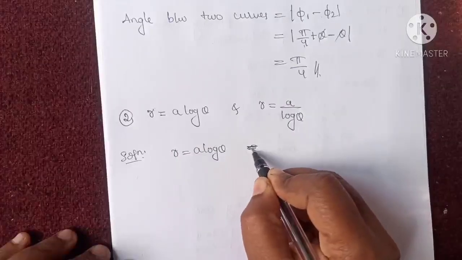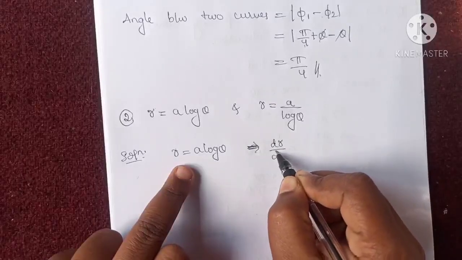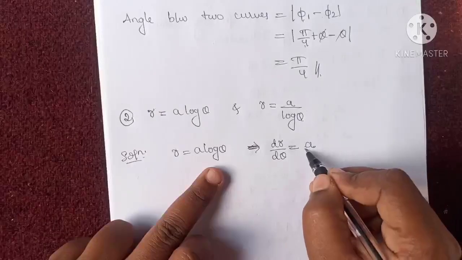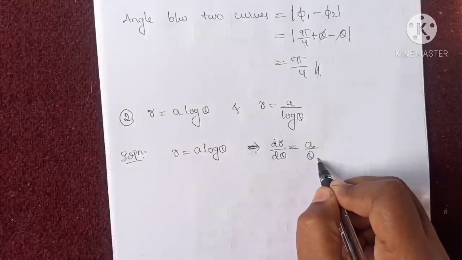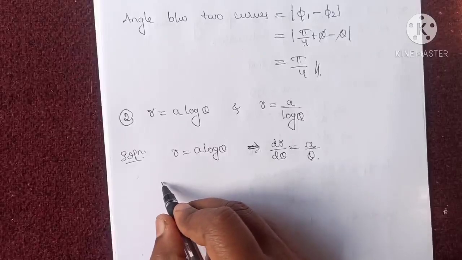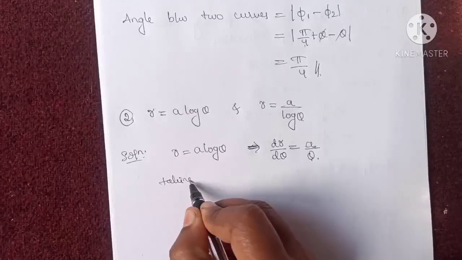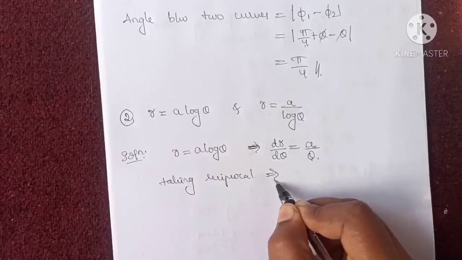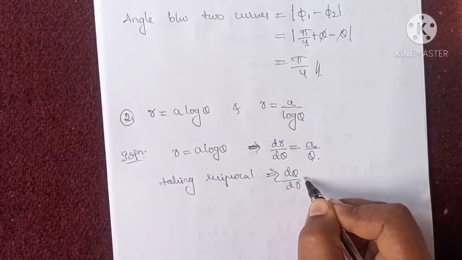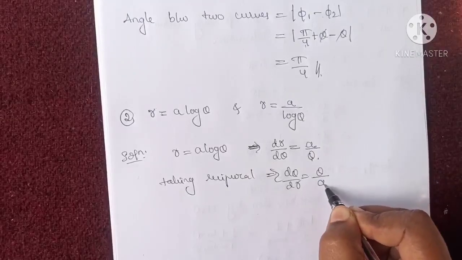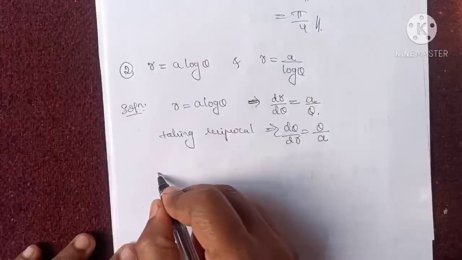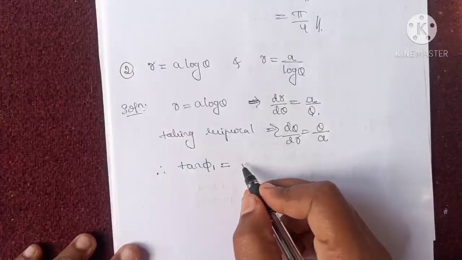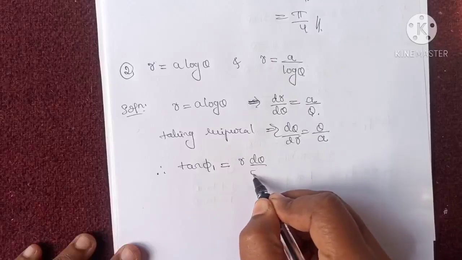Differentiating this, we get dr by d theta equals a times 1 by theta, as the differentiation of log theta is 1 by theta, that is a by theta. Now taking the reciprocal, we get d theta by dr equals theta divided by a. Therefore tan phi 1 equals r d theta by dr.